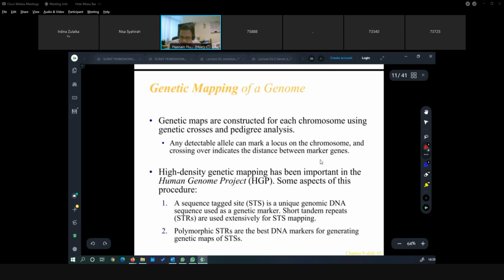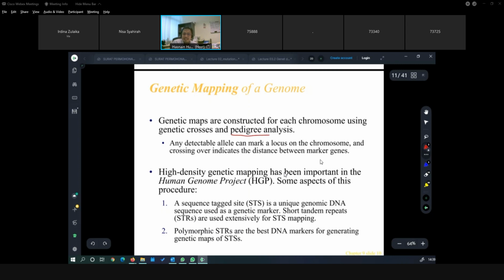So for example, you want to do genome sequencing of yeast. Or in human, for example, you cannot do crosses. Right? If you still recall, in human we don't do experiments, right? So how do we want to know? Then we do pedigree analysis.